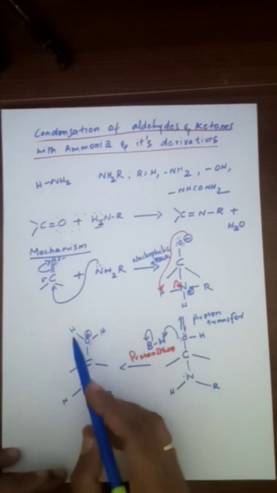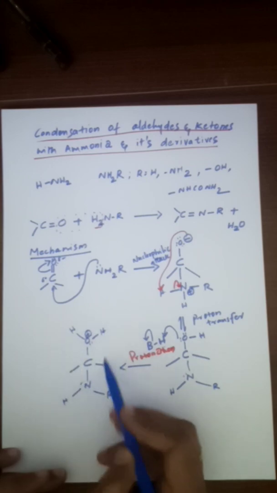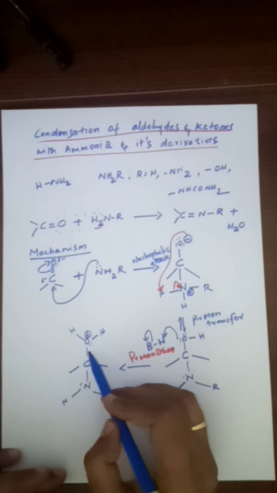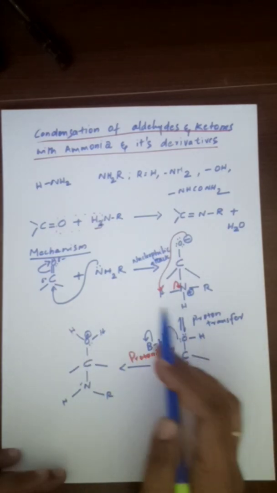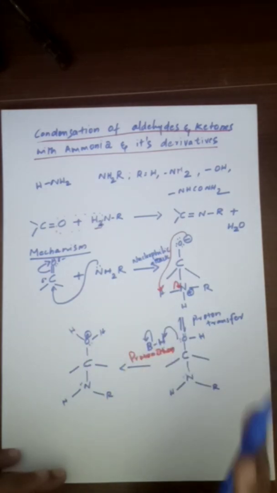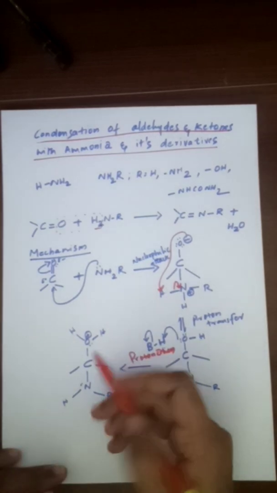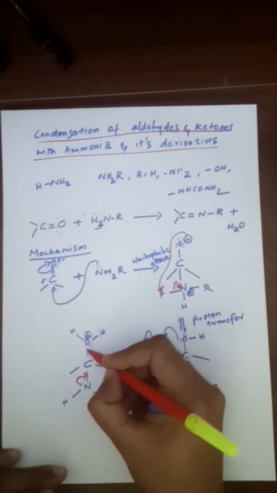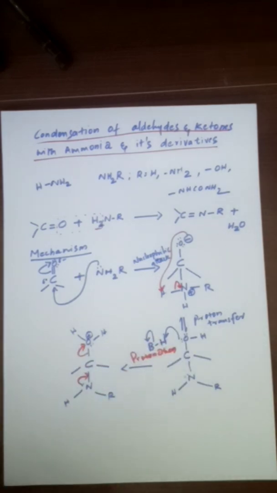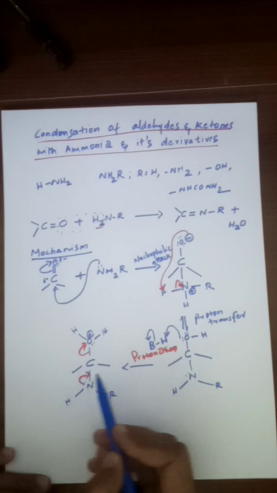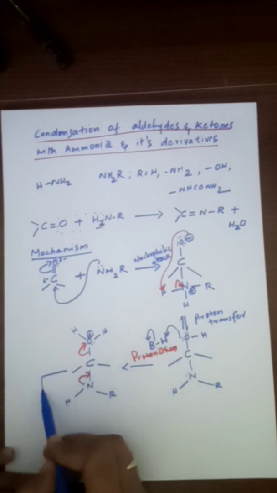If you are getting an intermediate like this, we have to imagine that the next step is removal of water. How will water be removed? There will be shifting of lone pairs from the nitrogen and oxygen.